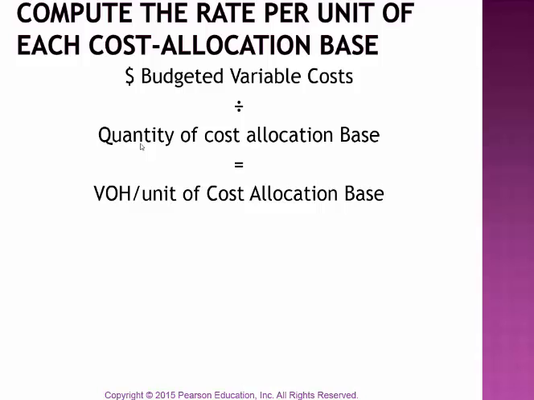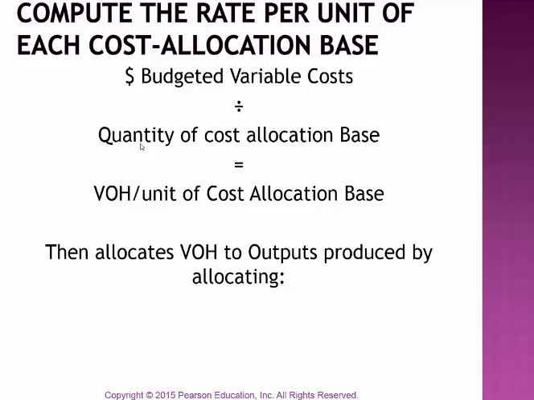And that's going to give us a variable overhead per unit of the cost allocation base. All right, and then once we've got that number, that is the number that we're going to use for our allocation process.